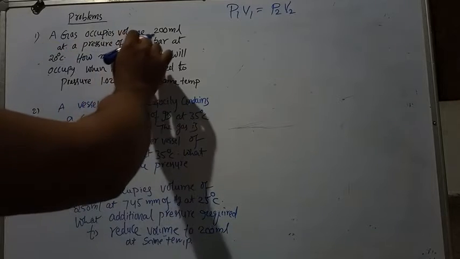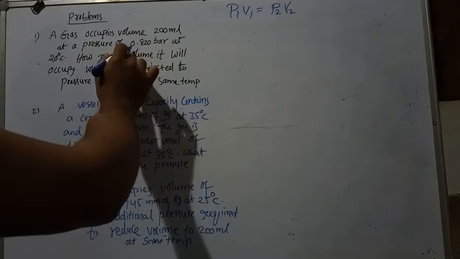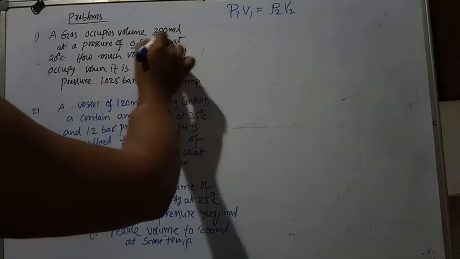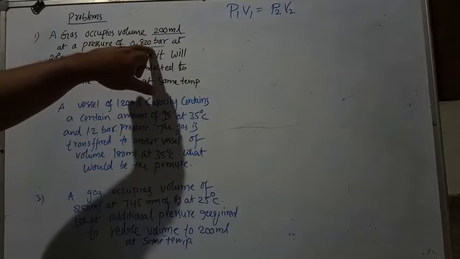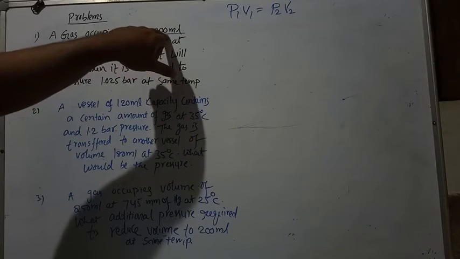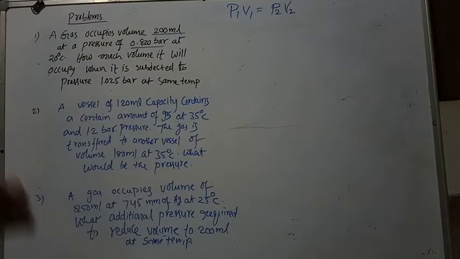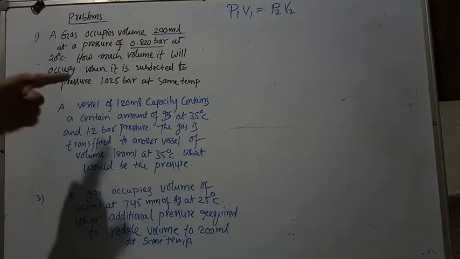A gas occupies volume 200 ml at a pressure of 0.82 bars. Volume is how much? 200. At this pressure, volume is how much? 200 ml at 20 degrees Celsius. What is asked?